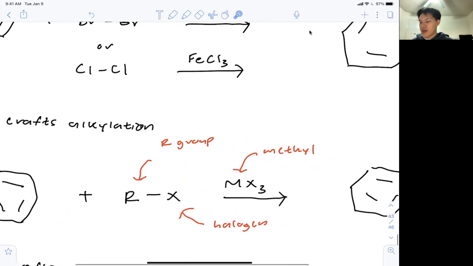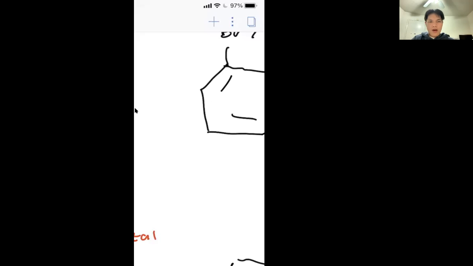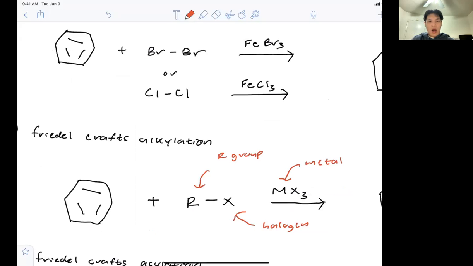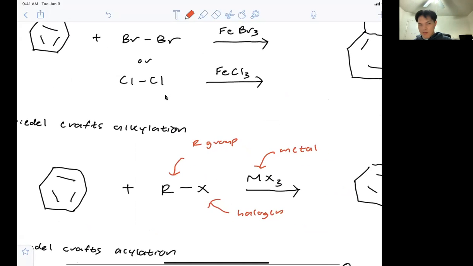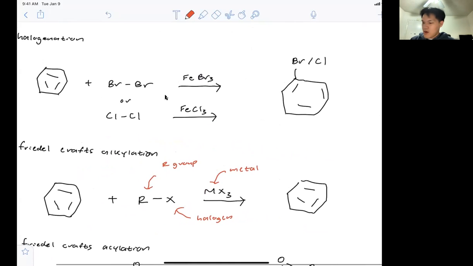And then we react it with a Lewis metal, right? Sorry, this is a metal, not a methyl. Metal, right? MX3, it can be any metal. It's usually iron, but we have that. And then now it makes this compound where we have the R group sticking out right there.